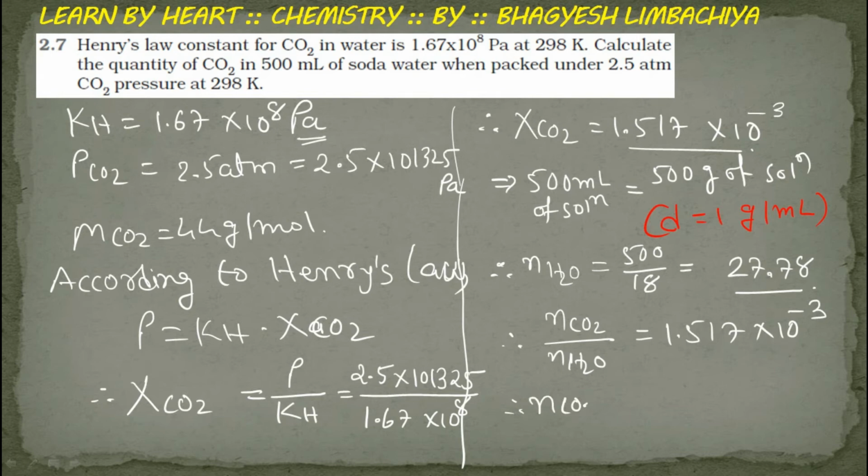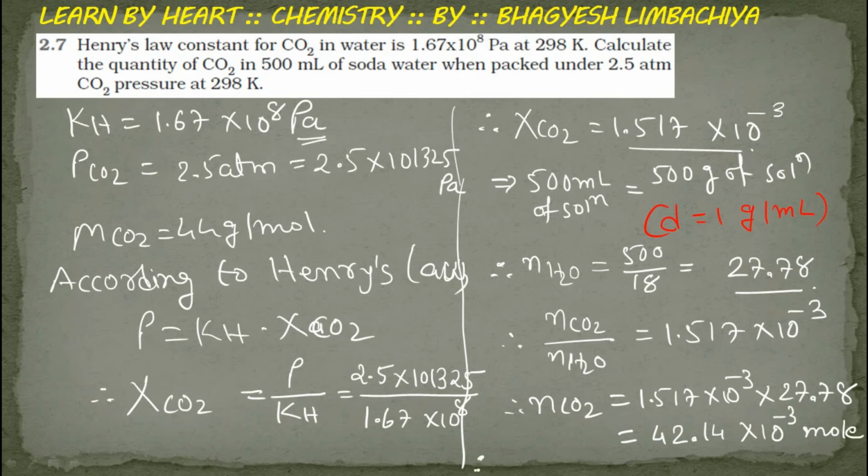So number of moles of CO2 will be the multiplication of 1.517 into 10 raised to minus 3 and 27.78, and we are getting the answer 42.14 multiplied by 10 raised to minus 3 mole.